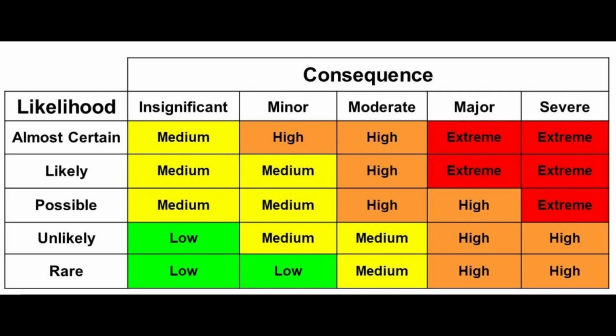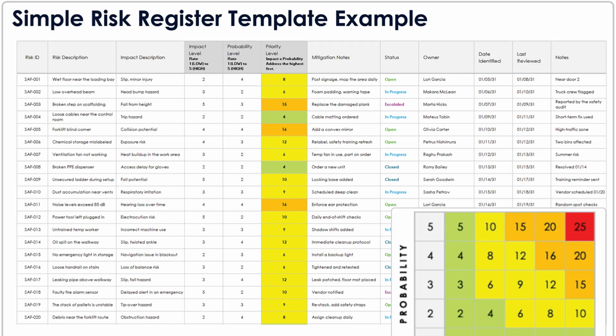Many businesses use consequence levels such as insignificant, minor, moderate, major, severe. Consistent consequence definitions help ensure the risk register is meaningful and comparable across projects.